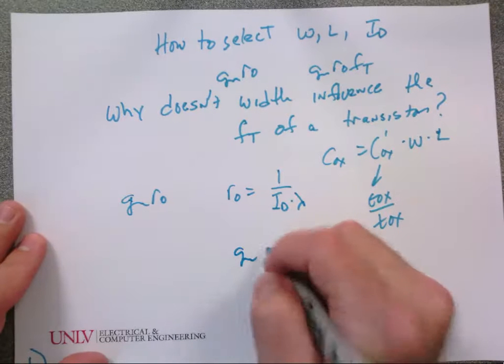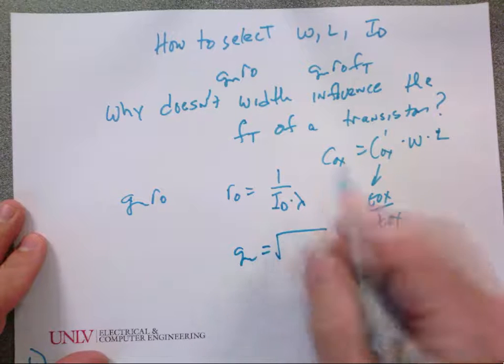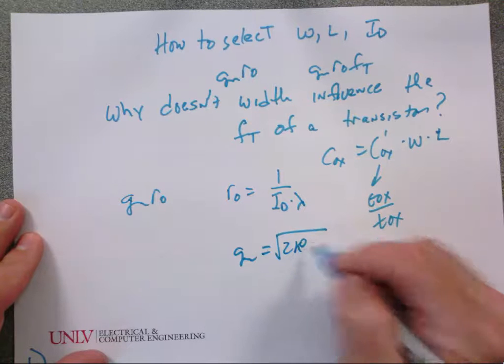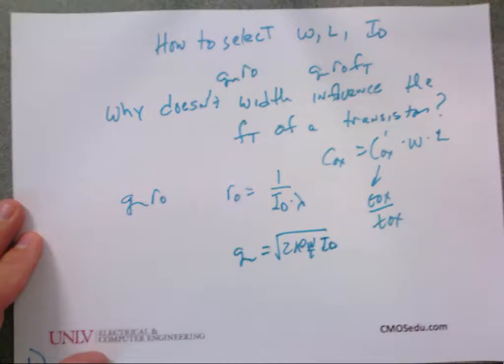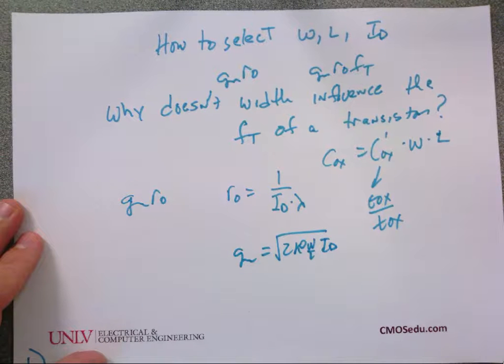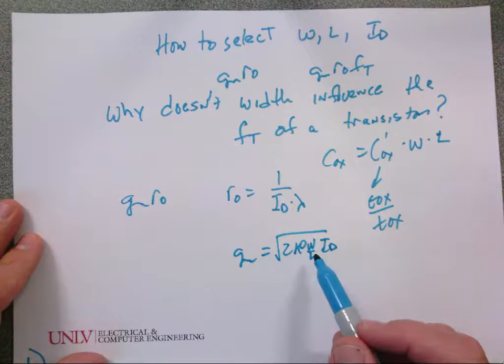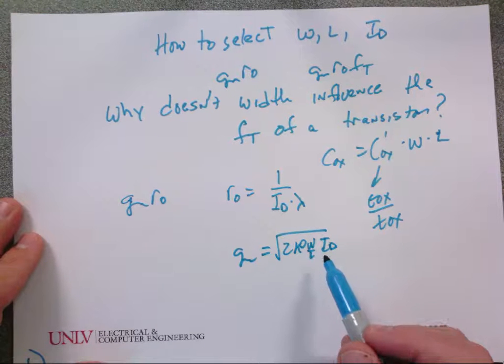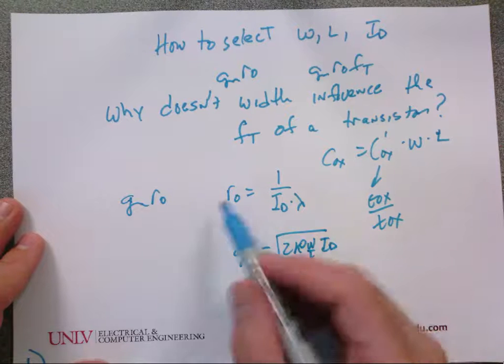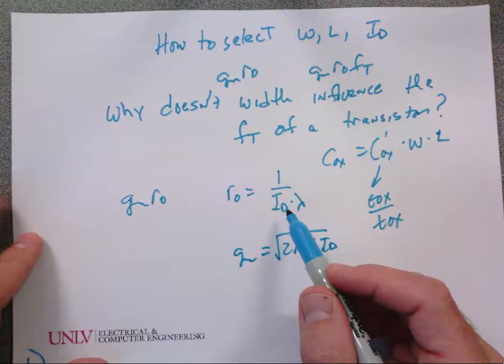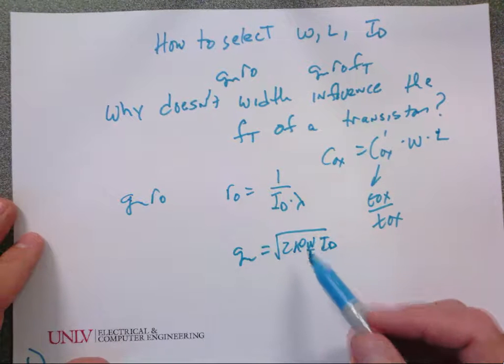GM is proportional to the square root of ID. Everybody follow that? So when I look at this, my change in GM is slower than my change in ID. So the product is going to go up with reducing ID.